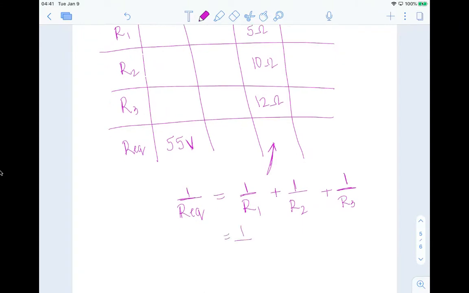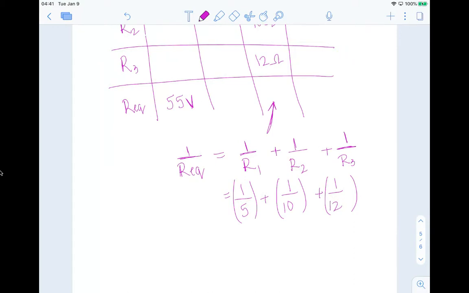So we end up with 1 over 5 plus 1 over 10 plus 1 over 12. Make sure when you are plugging this into your calculator, you are using parentheses. Doesn't matter the order you do it, because addition is commutative.